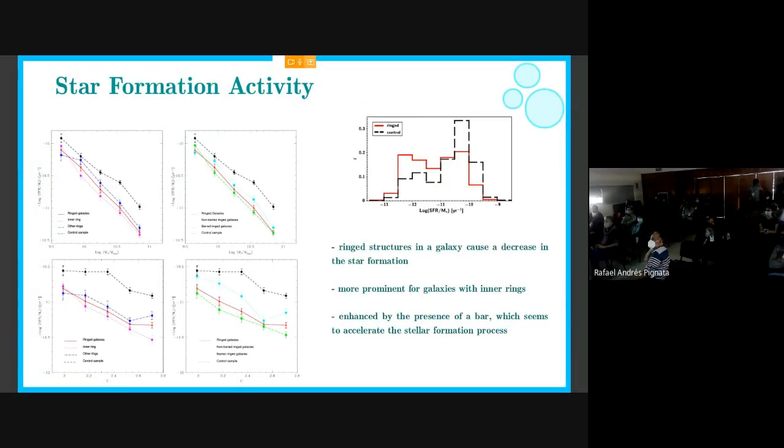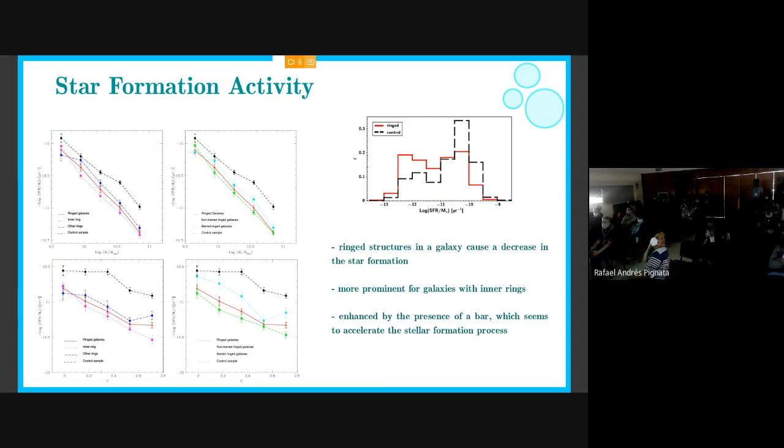This P-index has a clear correlation with the different morphological types of the galaxy. And as you can see, the star formation activity decreases toward higher stellar masses and increasing concentration parameters for all the samples studied in this work. And we also see that galaxies which present inner rings and bars have lower star formation efficiency with respect to the other samples.